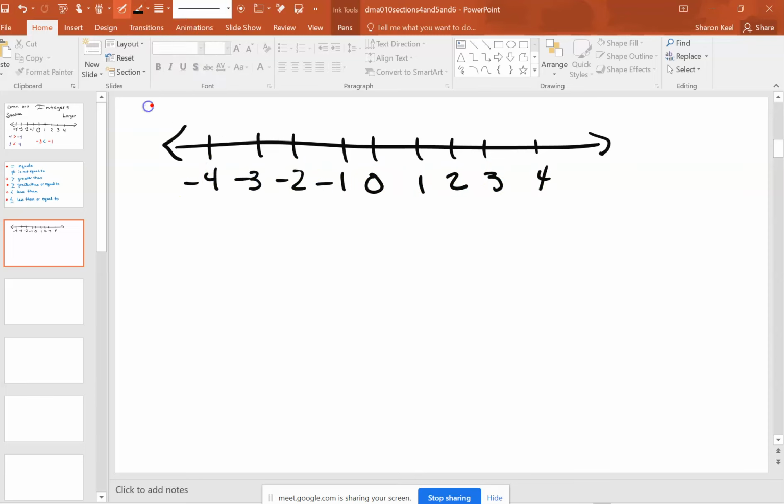All right, so let's say that we want to graph that x is less than -1. That means I'm going to come to -1. I'm going to put an open circle. If x is smaller than -1, my arrow would go to the left.